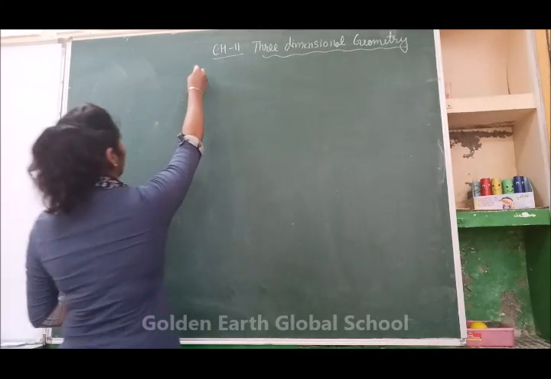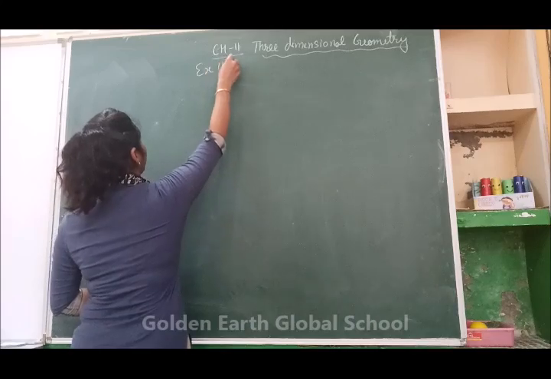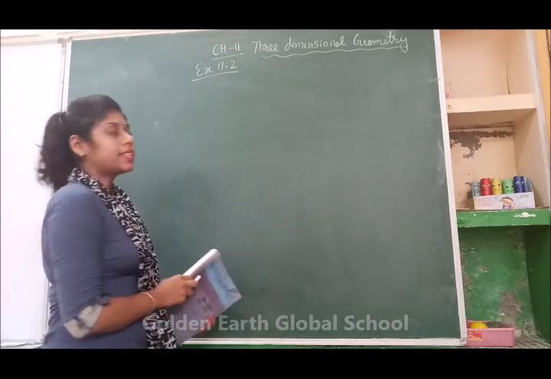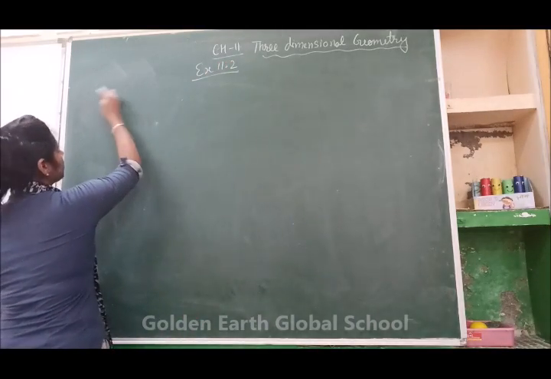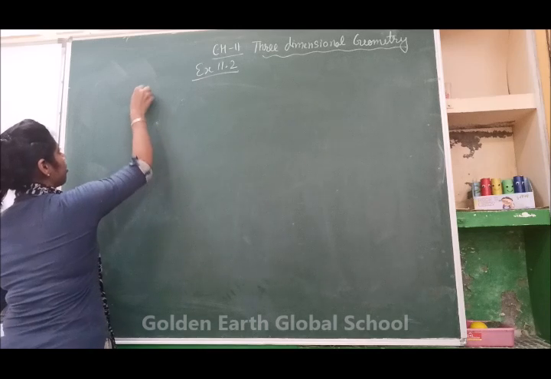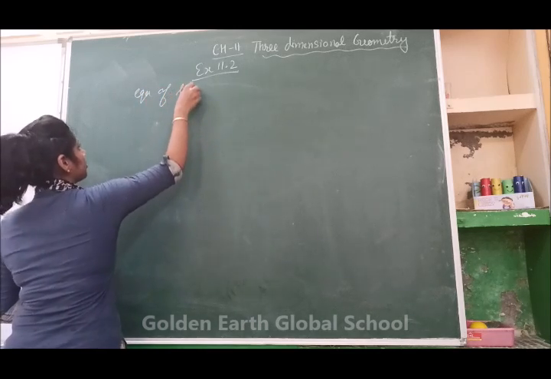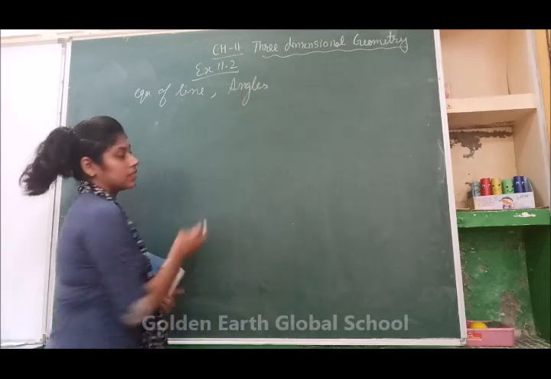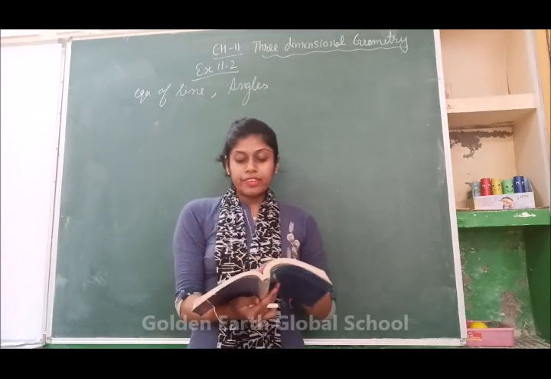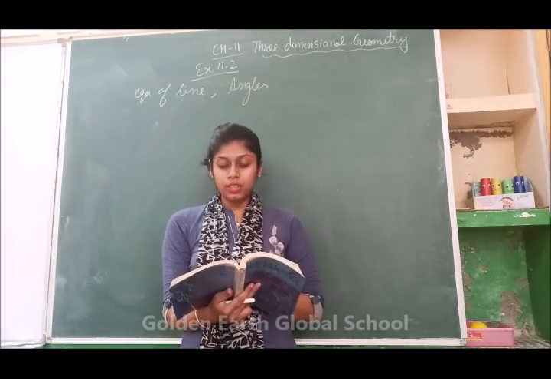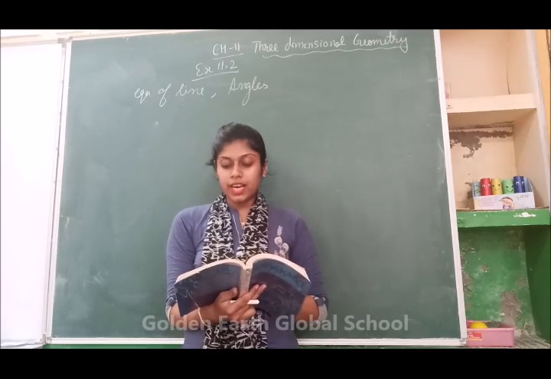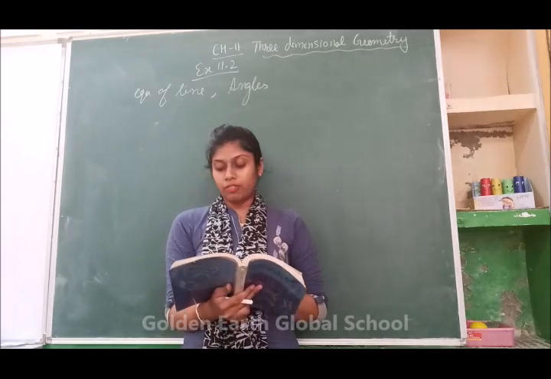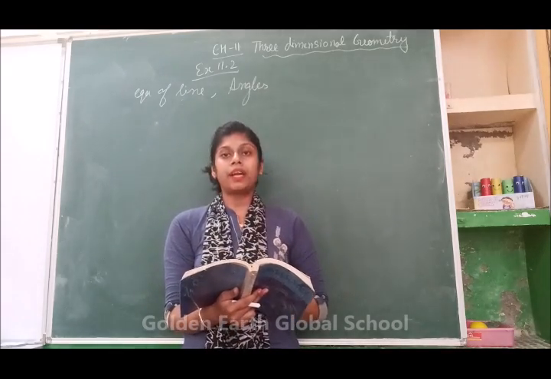Next we will start exercise 11.2. In this exercise we will study the equation of a line and the angle between two lines. Clear? First exercise, first question. Show that the three lines with given direction cosines are mutually perpendicular.